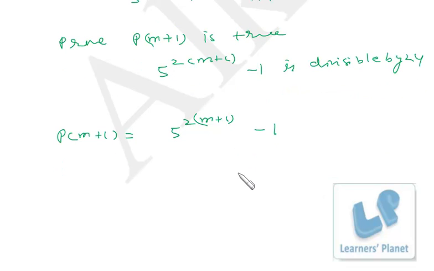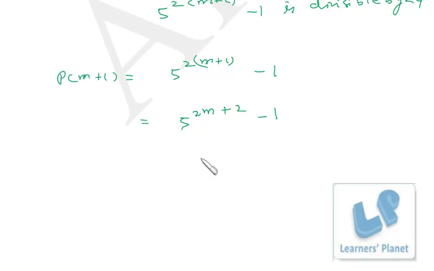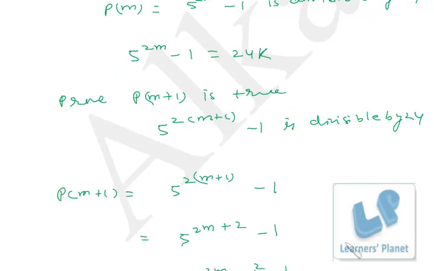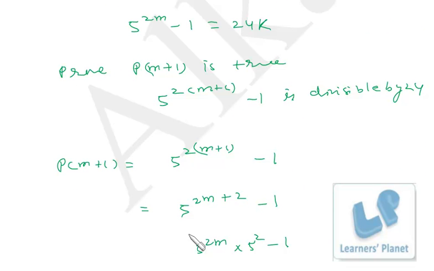Okay, we can expand it. 5 raised to 2m plus 2 minus 1. So this is 5 raised to 2m into 5 square minus 1. Now see, here we are having 5 raised to 2m into 5 square minus 1.